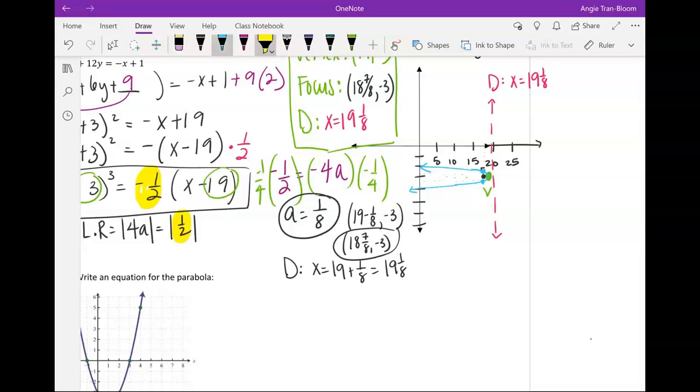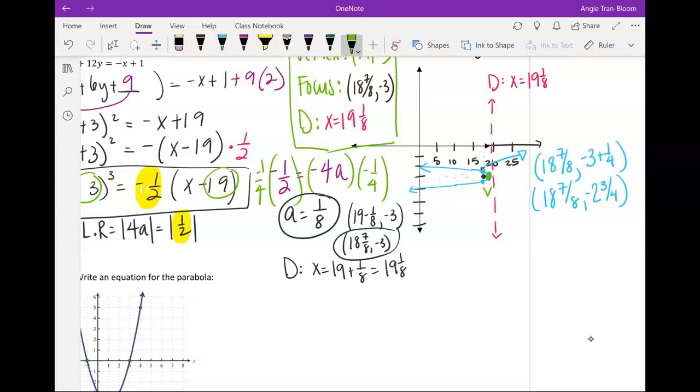So if I ask you to find the latus rectum point on the top here, remember, we take the y value of the focus. The x value should be exactly the same. The y value is -3, and we're going to add a quarter. Of course, we simplify. So 18 and 7/8, comma, -2 and 3/4 is the top point.